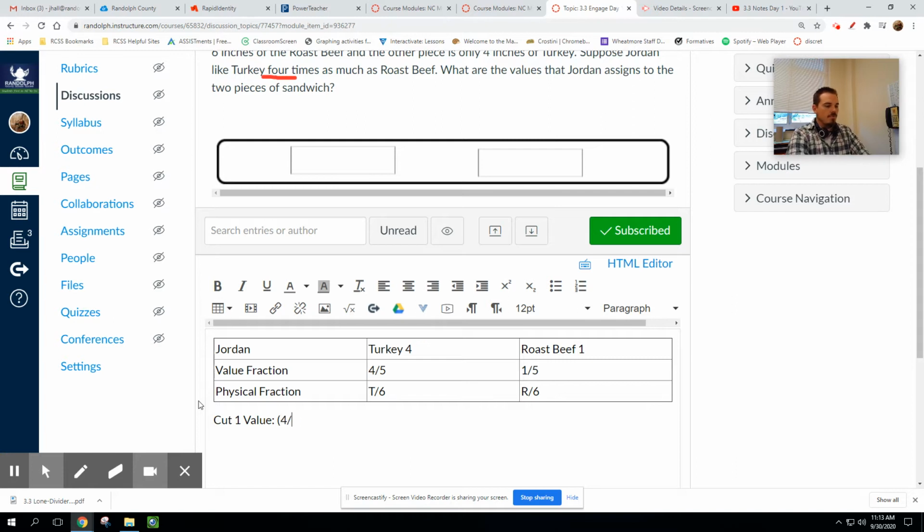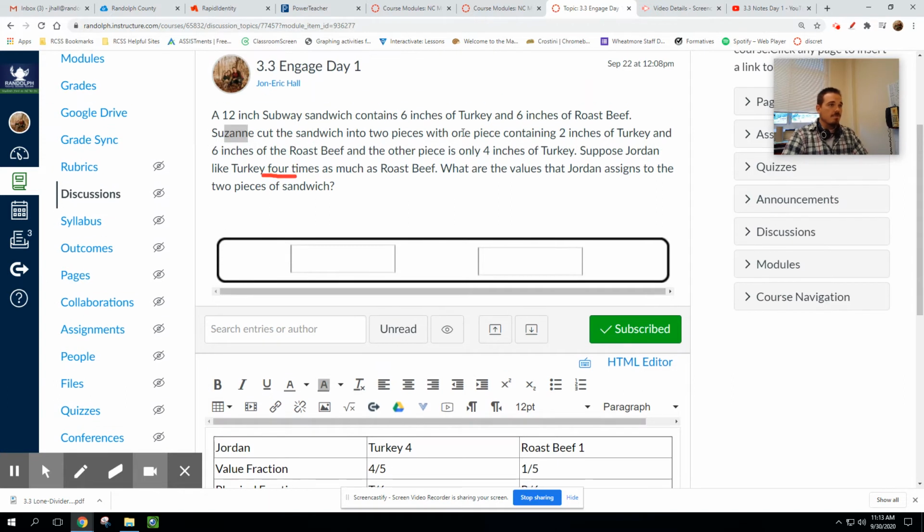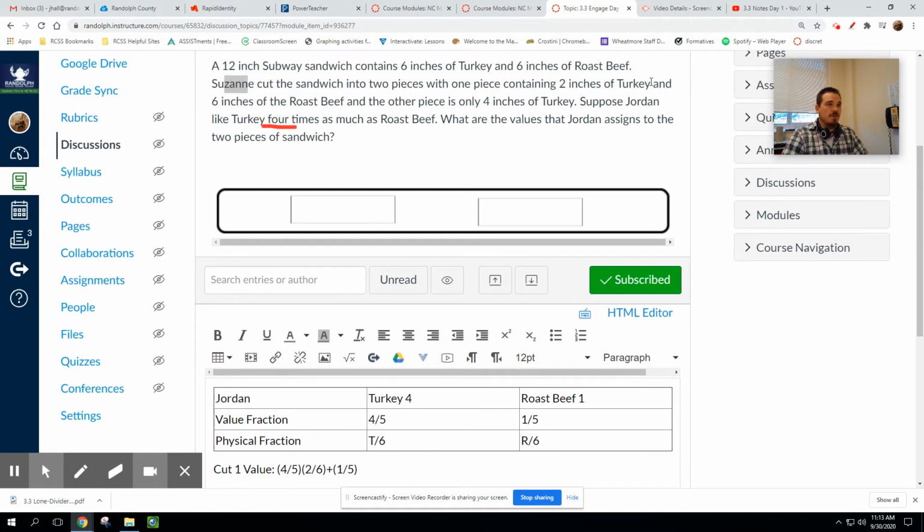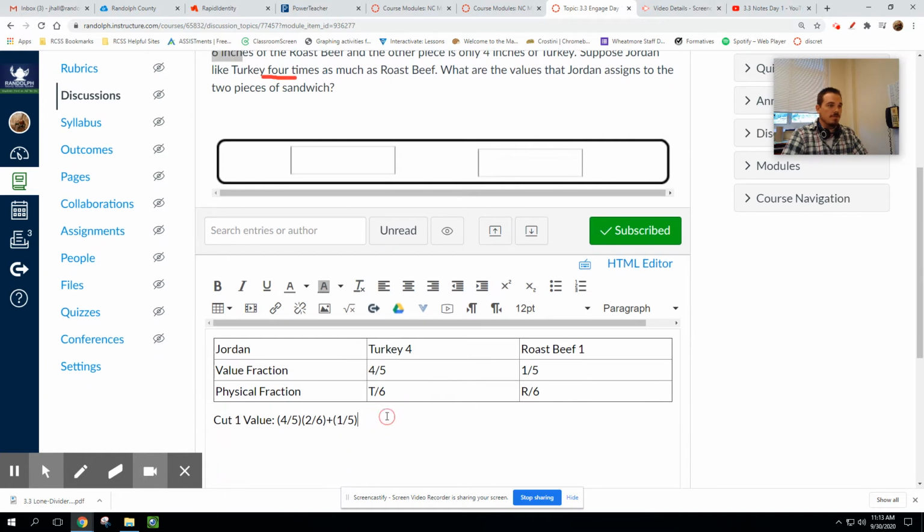So we'll do his 4/5 for turkey. And it looks like in that first piece, it's got 2 inches of turkey, so we'll say 2 out of 6. And then we'll add in his 1/5 value for the roast beef. And this piece has 6 inches of roast beef, so 6 out of 6. You could say that that's 1.